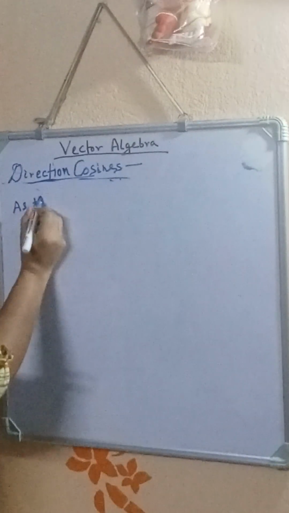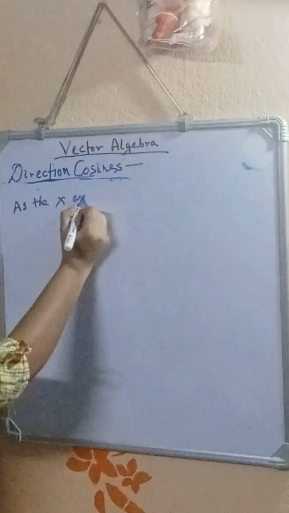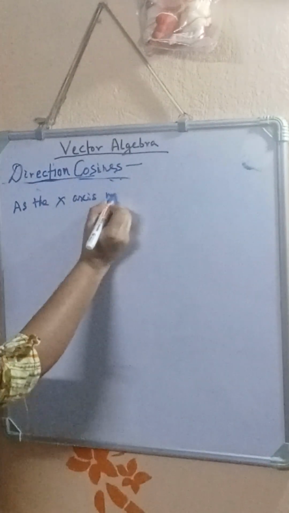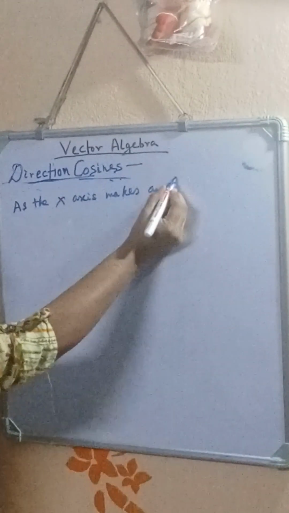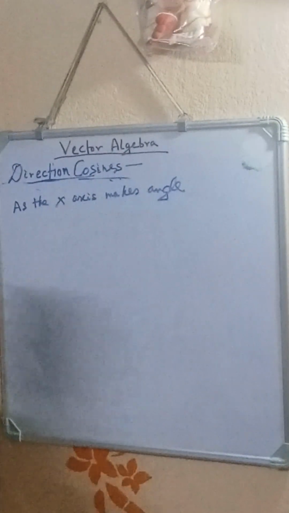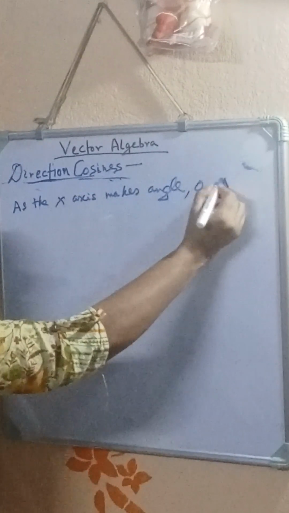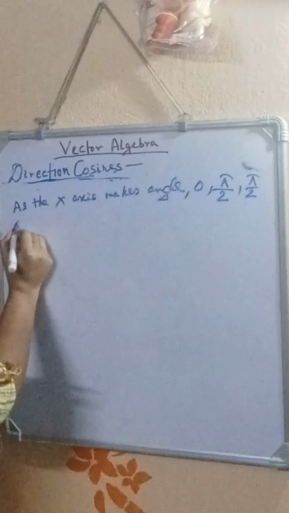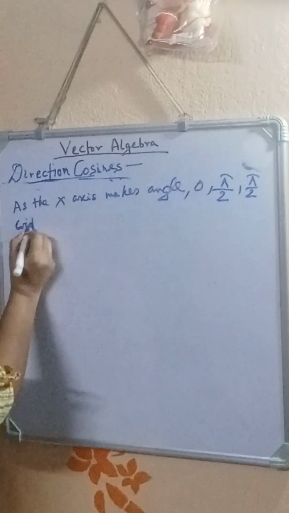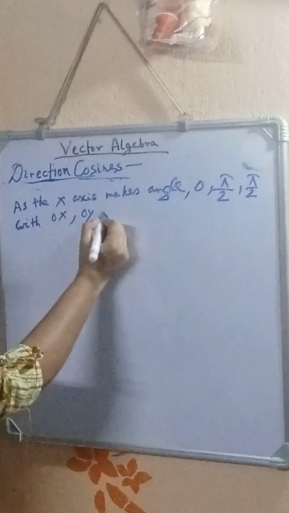Now, the x-axis makes angles 0, pi by 2, pi by 2 with OX, OY and OZ.